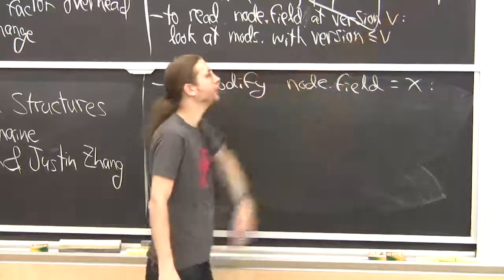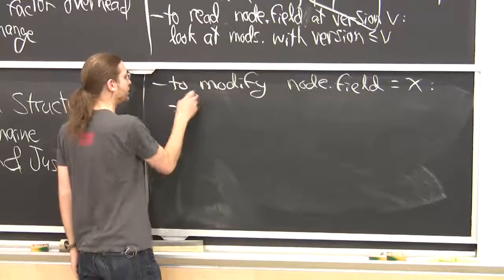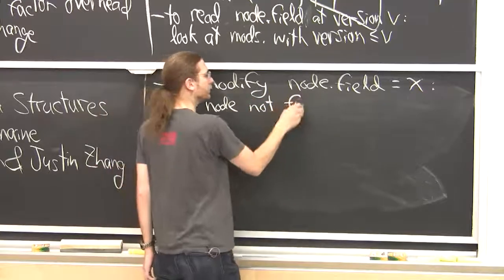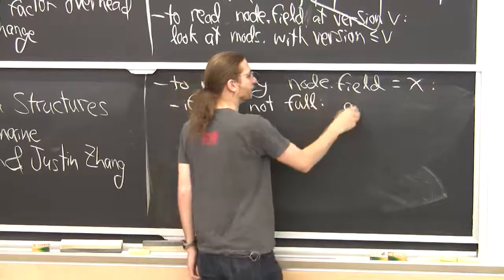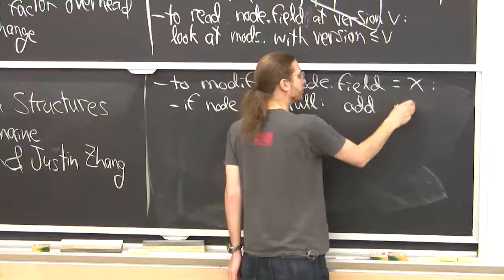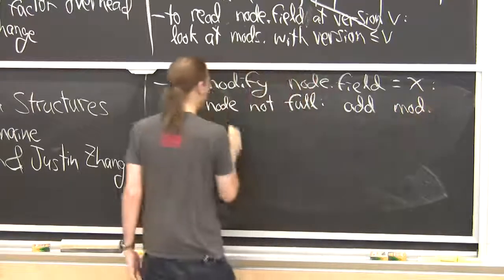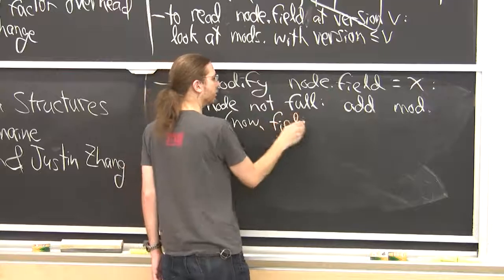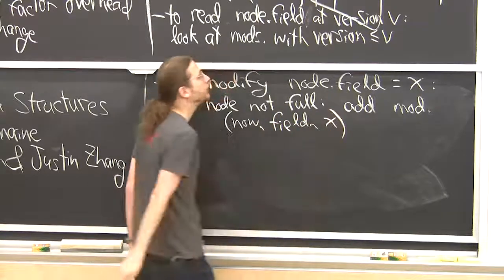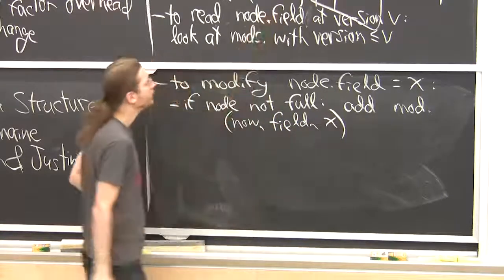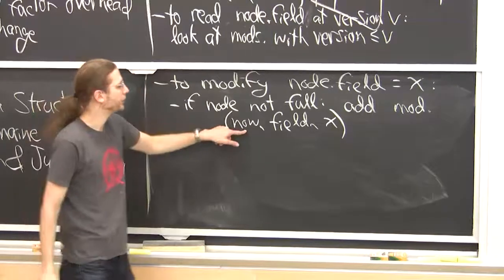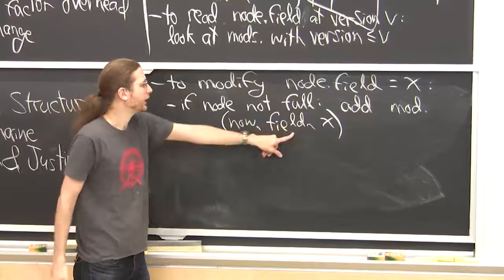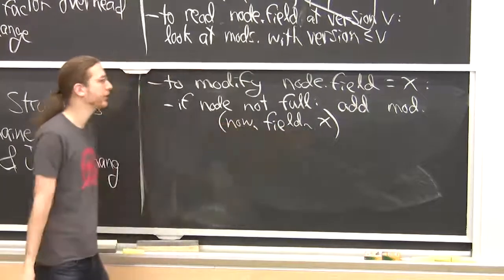If there are any blank mods, so if the node is not full, we just add a mod. A mod will look like: now, field, x. Just throw that in there, because right at this moment, we maintain a time counter and just increment it every time we do a change. This field changed to that value. So that's the easy case.